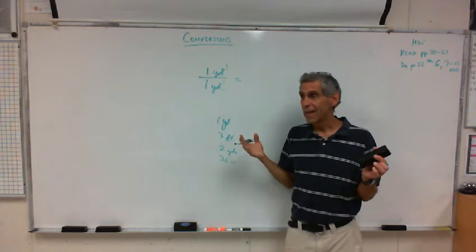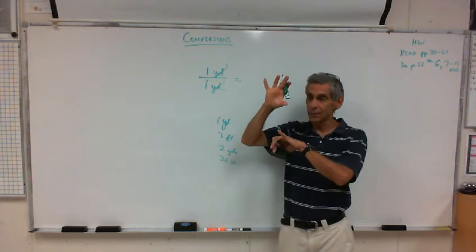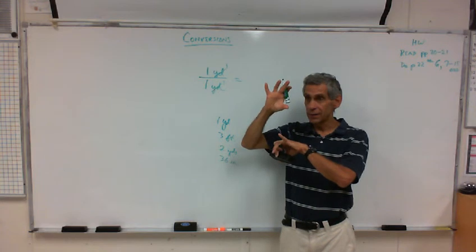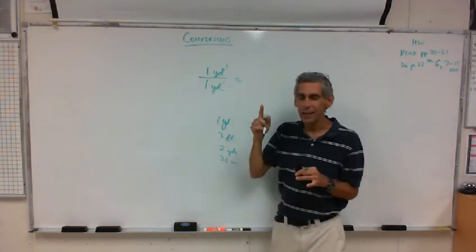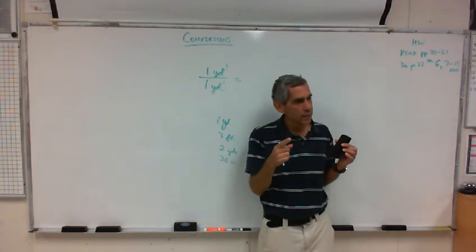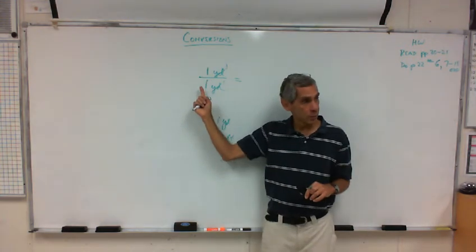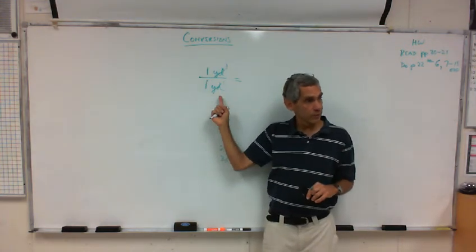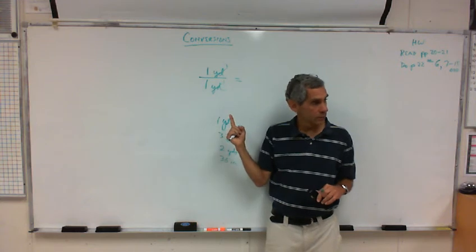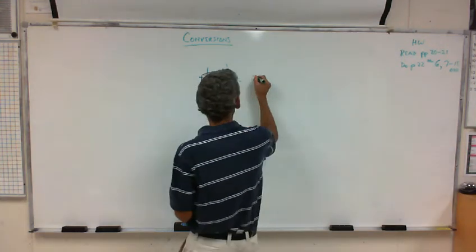If you have anything on the top that's exactly the same as on the bottom, then it equals 1. So the thing with conversions is you're not only crossing out and simplifying the numbers, you're also going to be simplifying the units. Does that make sense?